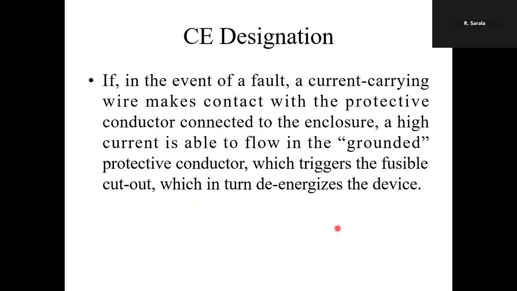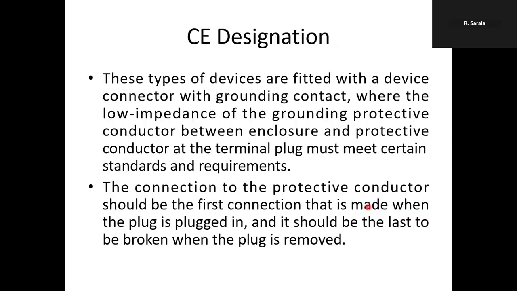If there is any fault in the system, like a current carrying wire making contact with a protective conductor, a high current can flow into the ground. The protective conductor triggers the fusible cutout, which de-energizes the device. These devices are fitted with connectors like grounding contacts, which are low impedance contacts.